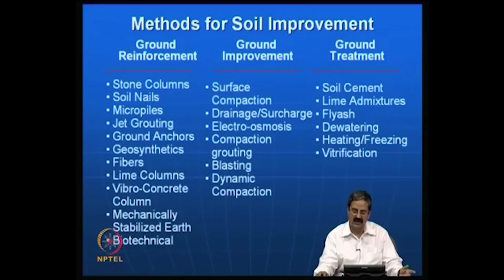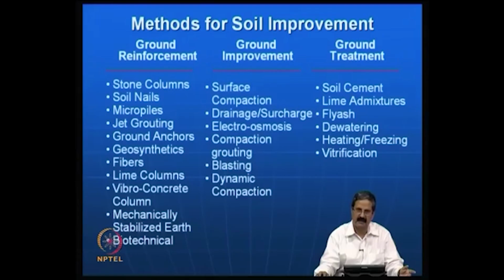Then vitrification. Vitrification is nothing but making the material glass-like. This is also very popular, because suppose there is a contaminated soil area, and you do not want the soil water to go through that material, or the influence of that contaminated soil to reach the nearby fields or areas. So, you totally solidify or vitrify it in the form of a glass.